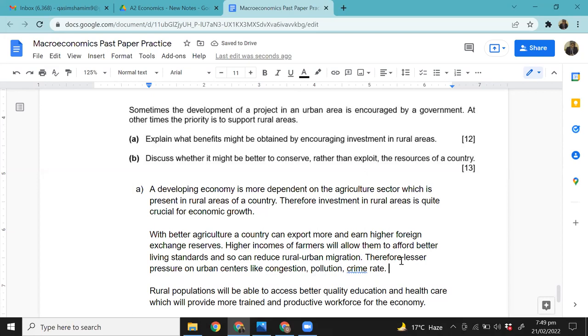So when people are constantly migrating from rural areas to urban areas, why? Because as I told you, living standards might not be that high in rural areas. There might not be good quality schools, not a lot of job opportunities and so on. So when they move to urban areas and then they again stay unemployed, why would they stay unemployed even when they migrate to urban areas?